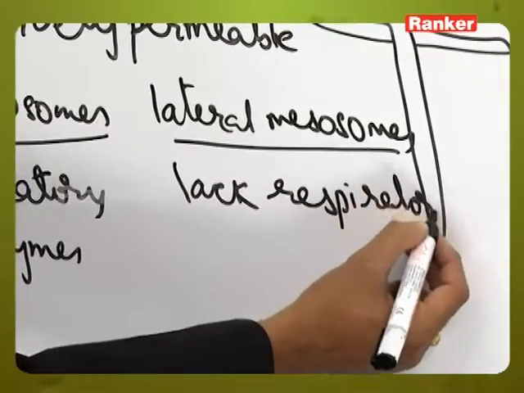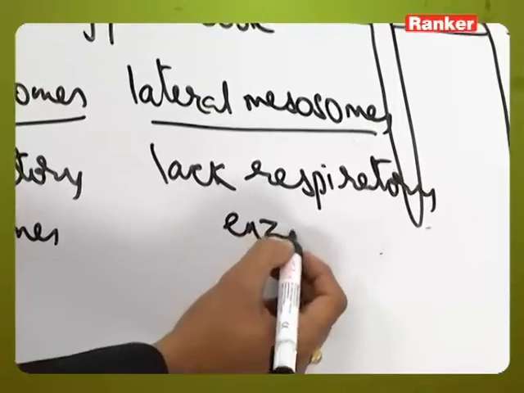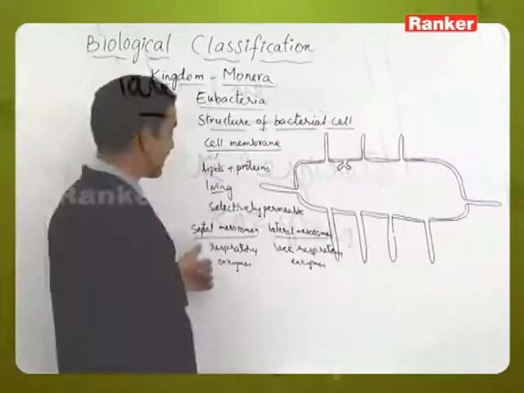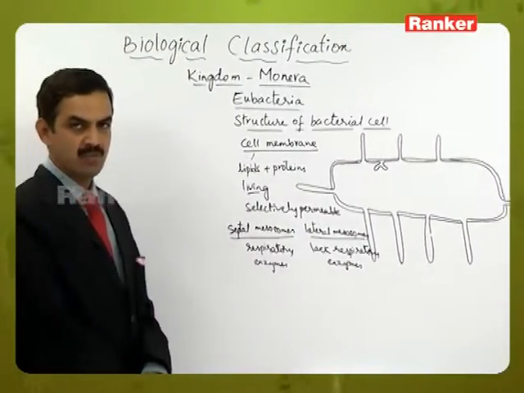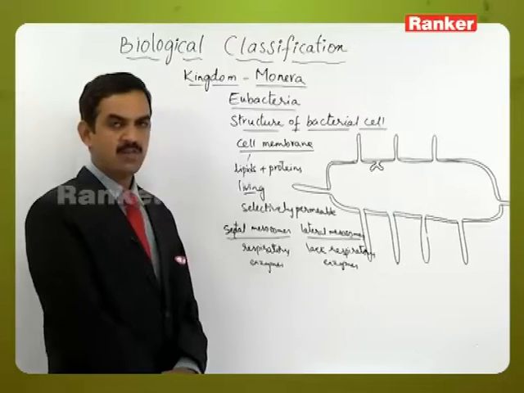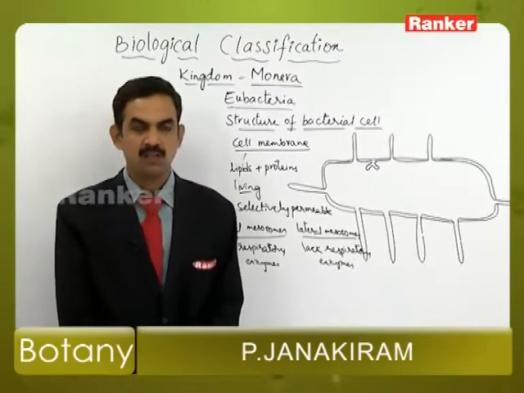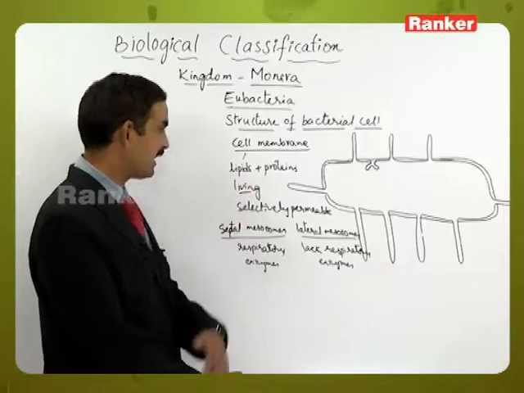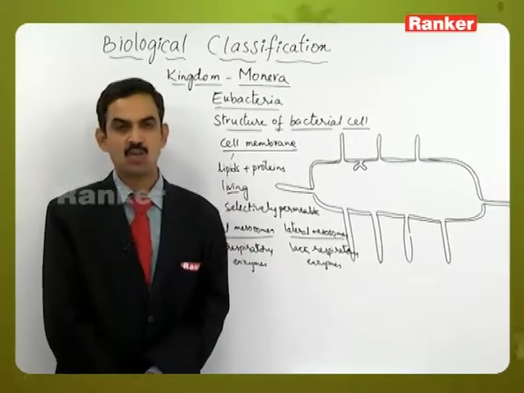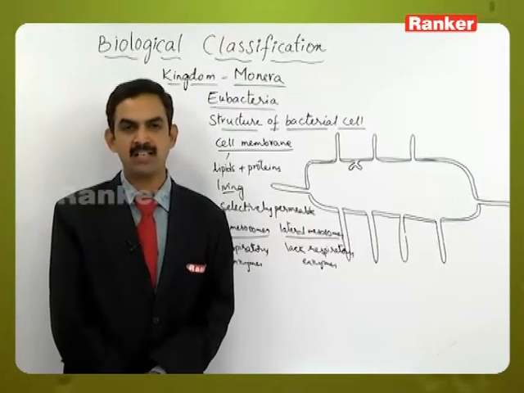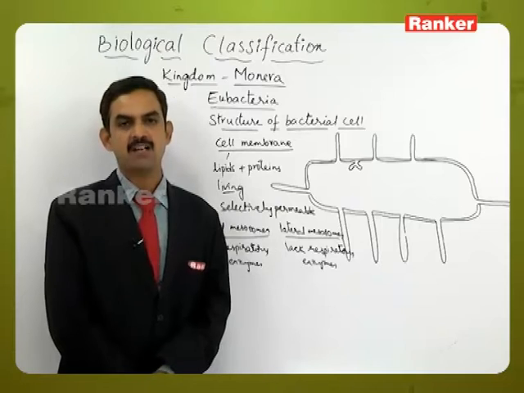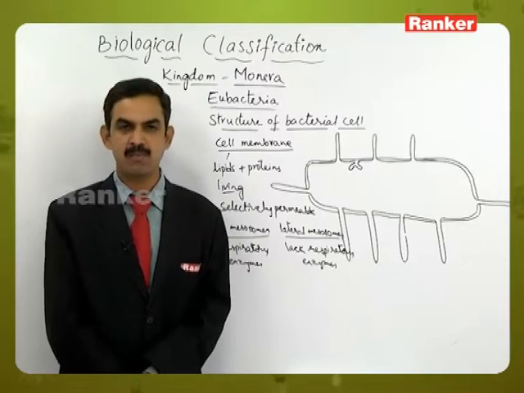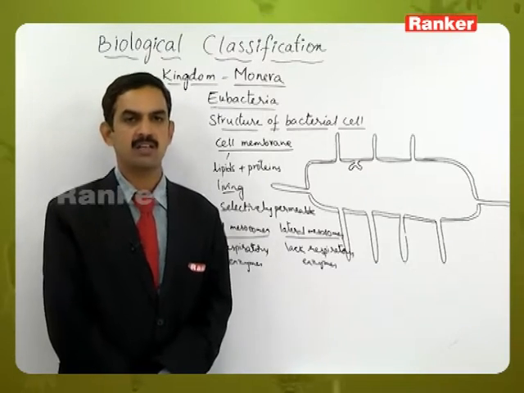Based on this character, they differentiated the mesosomes into septal and lateral mesosomes. During binary fission, the bacterial cell will divide, and the site of division will be the mesosomes, which not only help in the division but also help in the replication of genetic material and its distribution between the daughter bacterial cells.